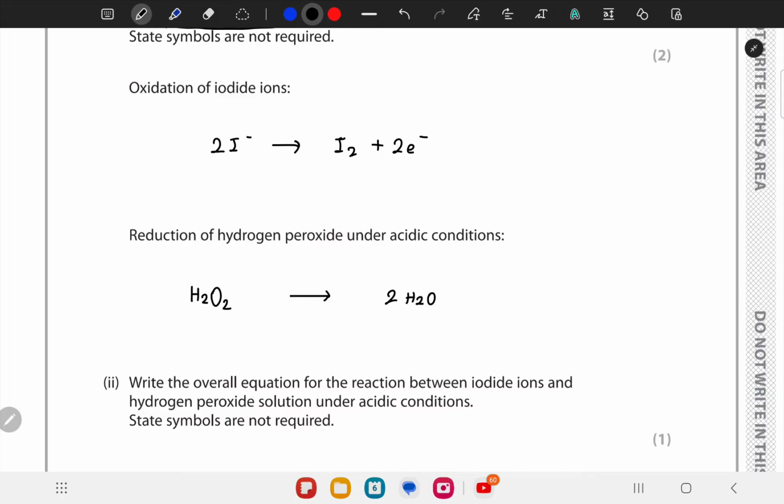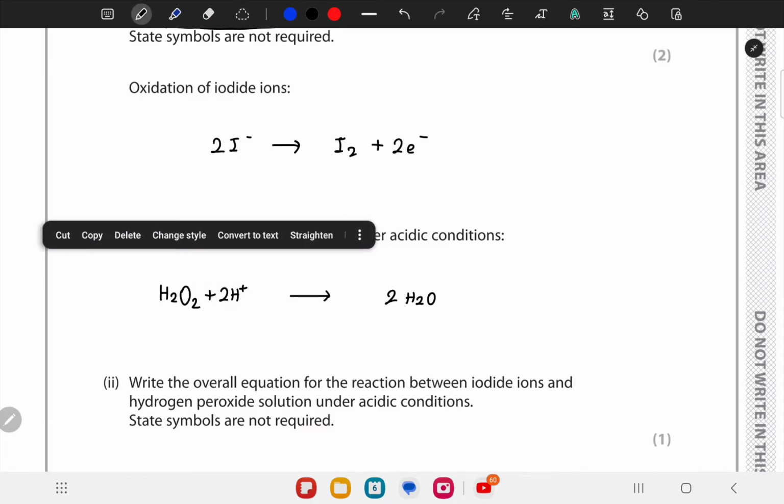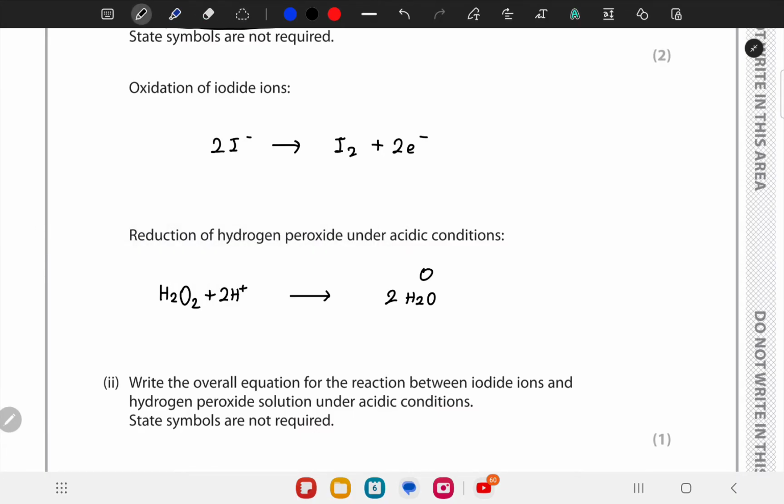However, now the hydrogen is not balanced. We have 2 hydrogen on the left and 4 on the right, so we add 2 more H plus on the right. Now if we want to balance the charge, we have 0 on the right plus 2 on the left, so we add 2 electrons on the left.